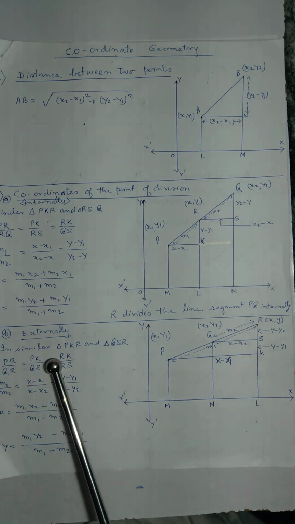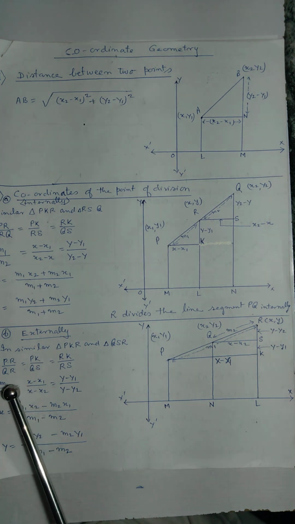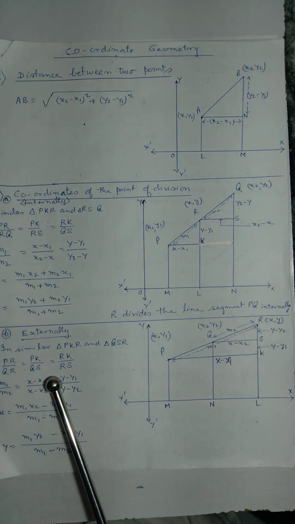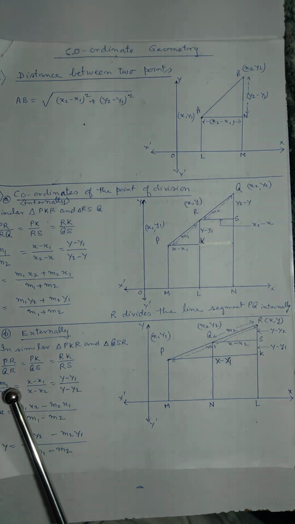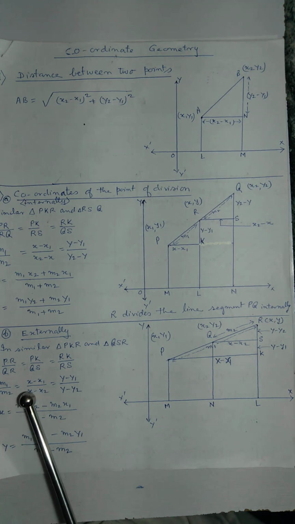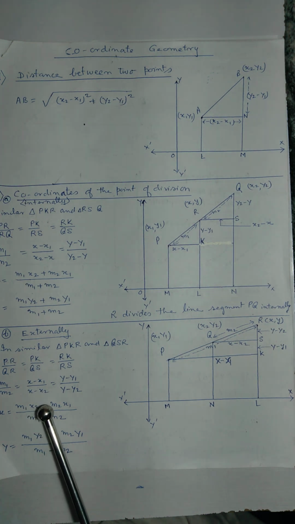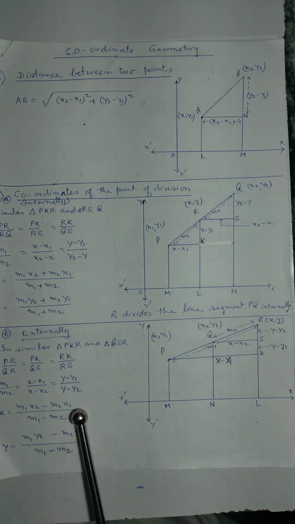So you see in similar triangles PKR and QSR, PR by QR is equal to PK by QS is equal to RK by RS. Here PR and QR are in the ratio given, that is m1 by m2, and PK and QS, that is x minus x1 upon x minus x2, is equal to y minus y1 upon y minus y2.